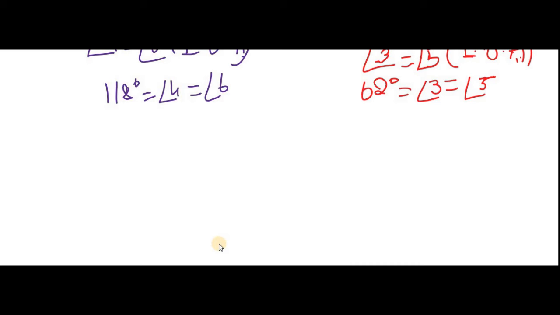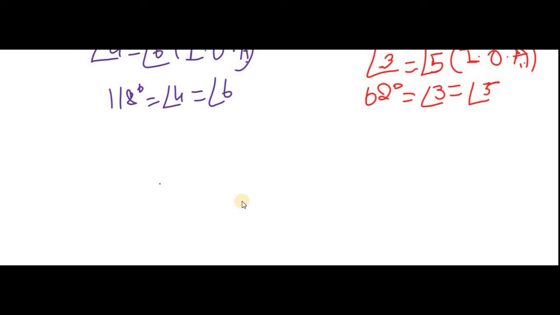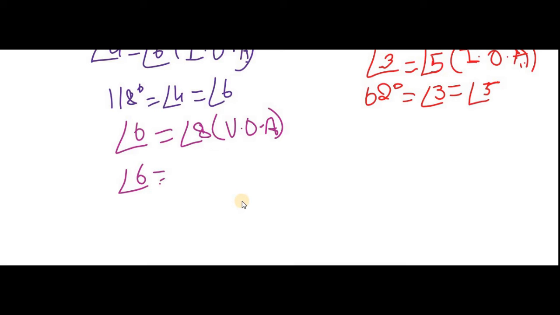Simpler things make our brain a little less worked compared to the hard problems or hard ways. Now we can write it as angle 6 is equal to angle 8 due to the vertically opposite angles, in short form VOA. The value of angle 6 is equal to angle 8 is equal to 118 degrees.